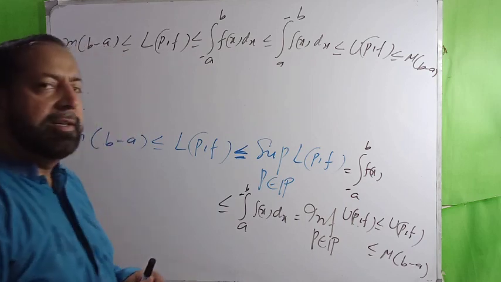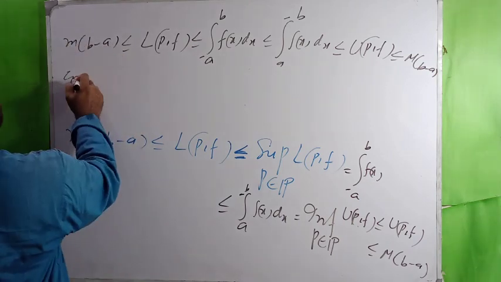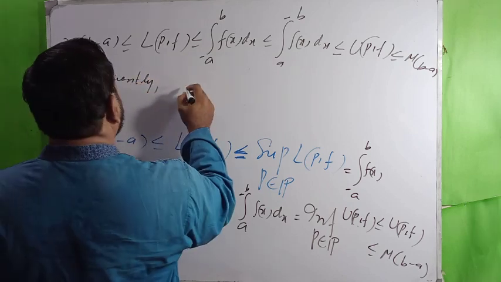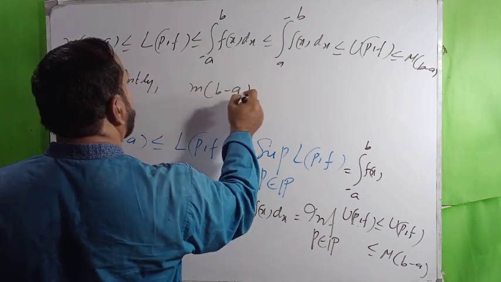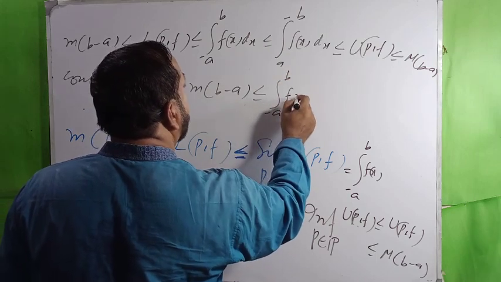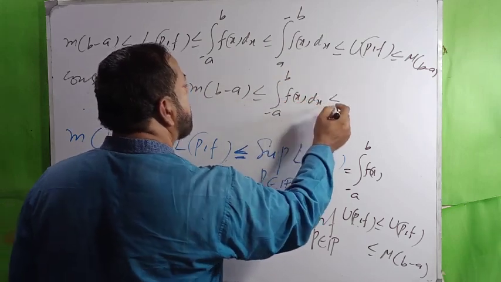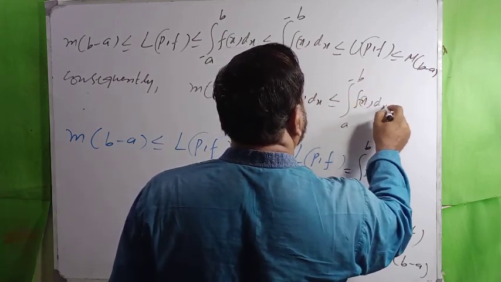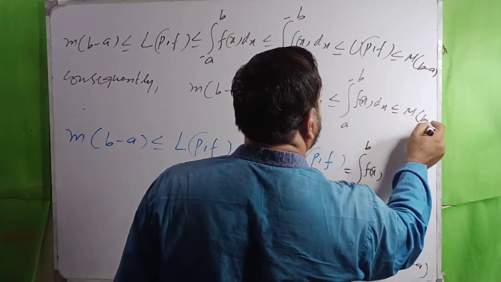Look at this. Consequently, m into (b minus a) is less than or equal to the lower integral, which is less than or equal to the upper integral, which is less than or equal to M into (b minus a).